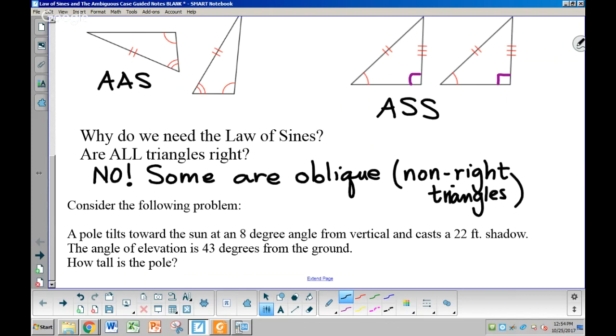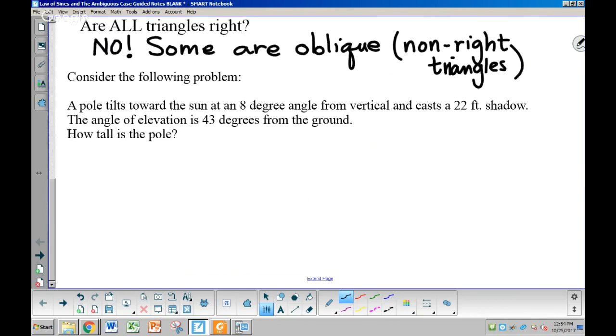All right, so let's consider, I'm going to just motivate the lesson here really quickly. So these are the kind of problems we would be solving. A pole tilts towards the sun at an 8-degree angle from the vertical. So we'll imagine that we have a flagpole, right? And our stars and stripes. Bless you.